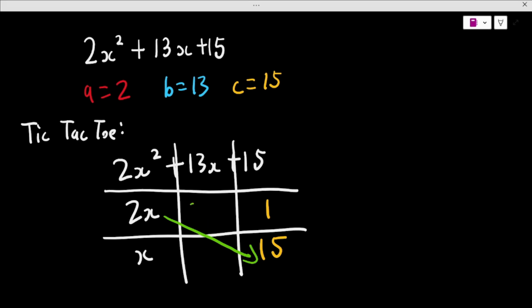So this is going to be 30x. Take this number, multiply it over, this gives us x. This whole thing, when added together, gives us 31x. Well, that's wrong, because we wanted 13x, not 31x. So that is not right.